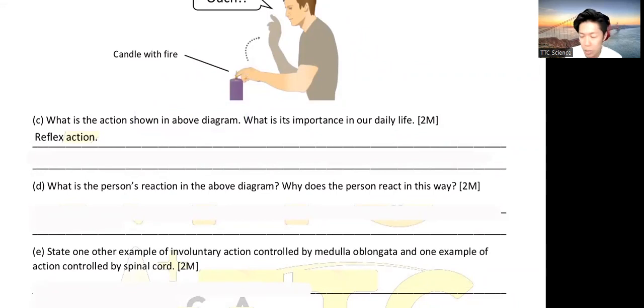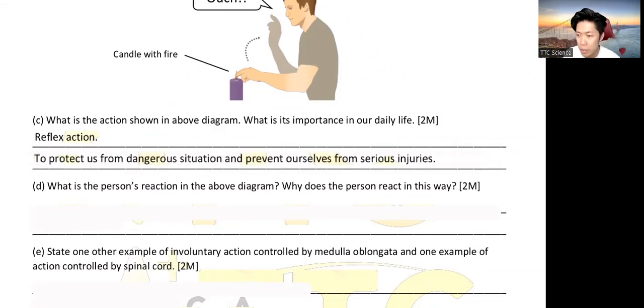Then the importance is to prevent you from injury. So for any sentence like that, make sure you mention something like preventing oneself from injury, or preventing ourselves from being burned. Okay, there you go. So better we write reflex action. Like I said, this really depends on how strict your teacher wants, but the best will be reflex.